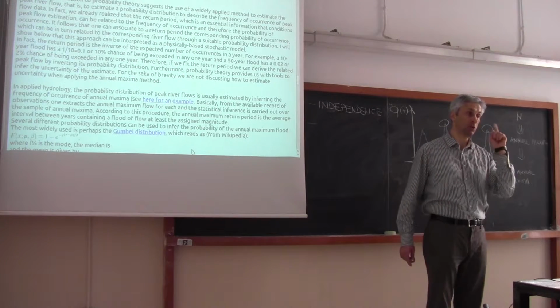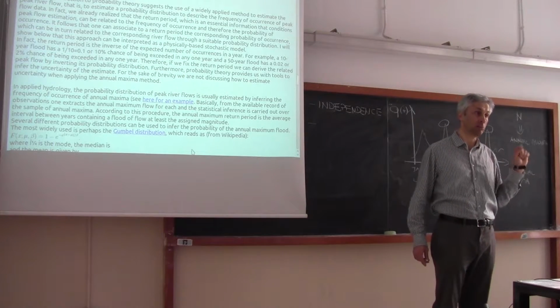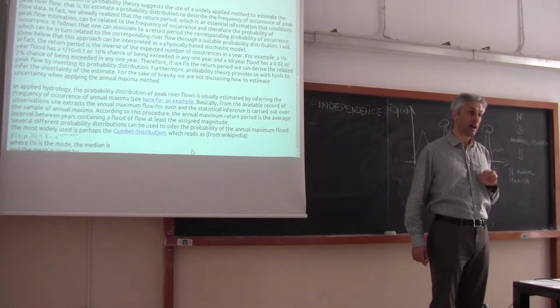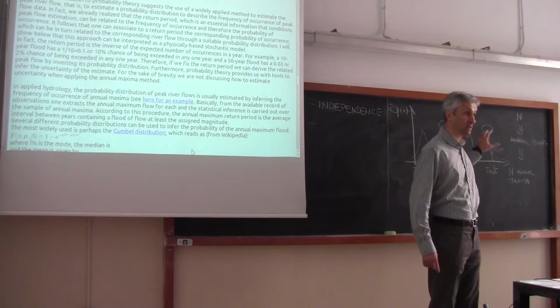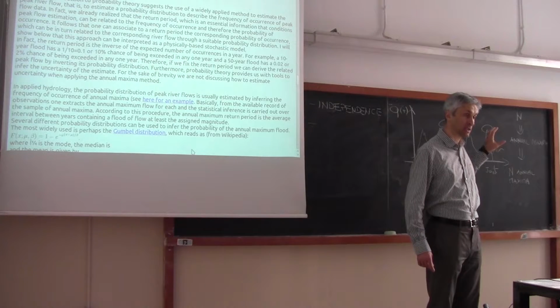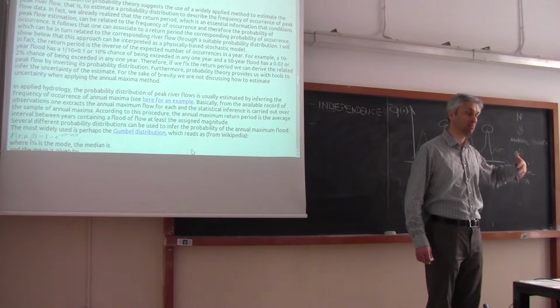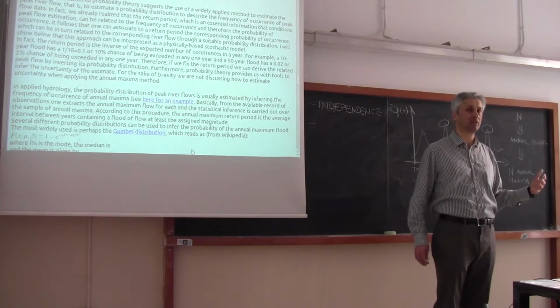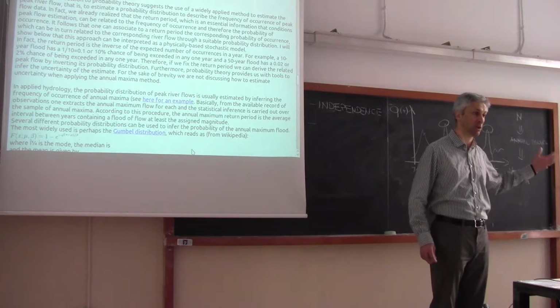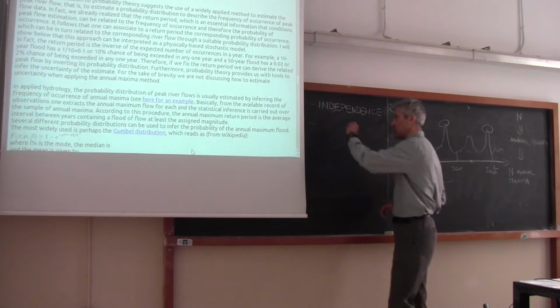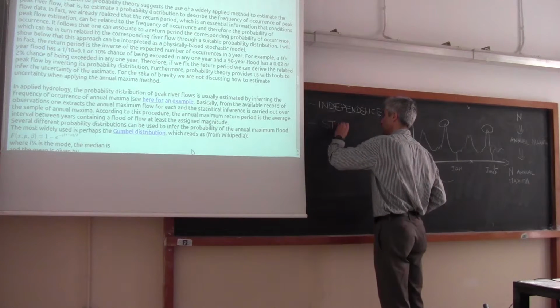So I will talk to you later about the human impact and how it can influence this estimation process. So I need to introduce this assumption that basically means that the frequency of occurrence didn't change along time. This assumption is called stationarity.